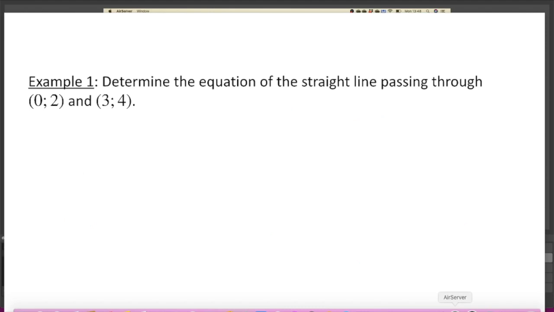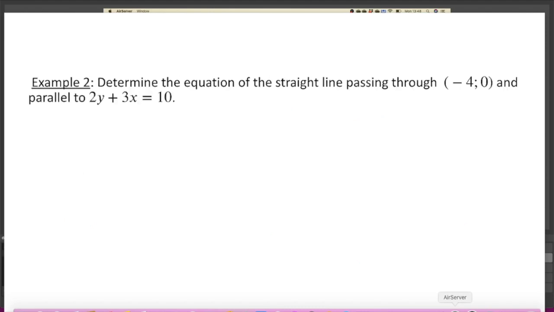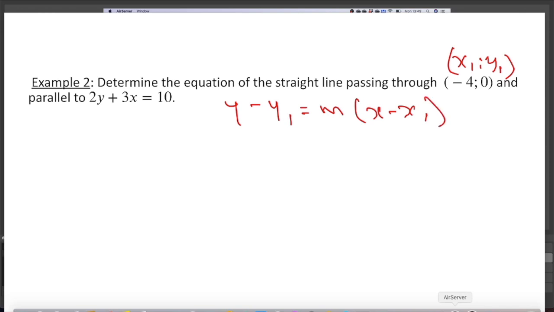All right, let's look at the second example here, guys. In this example, our given point is minus 4, 0. So this is your x1, y1. Right, and we want to use our form y minus y1 is equal to m into x minus x1. So we need to do that. So let's find m. Remember, the line that we are looking for is parallel to the line 2y plus 3x is equal to 10.